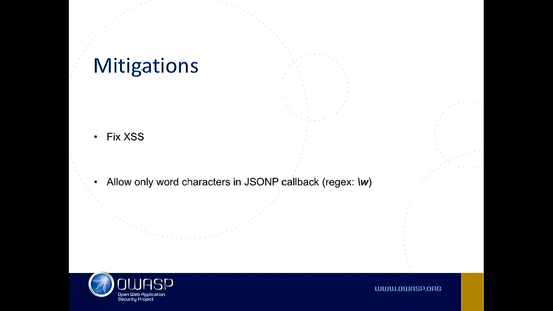You should not really need any other character in a callback parameter. Another mitigation is, of course, content security policy, with which you can disallow inline JavaScript from running in a web page.